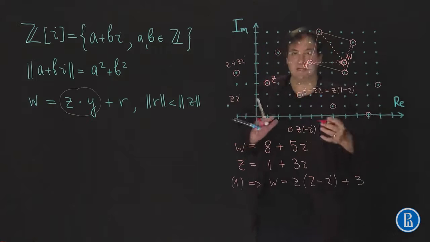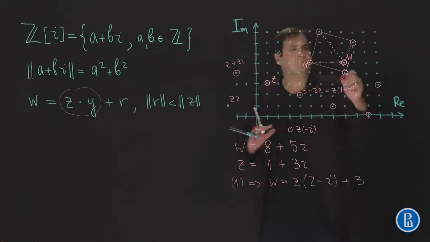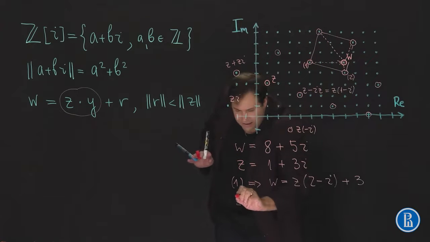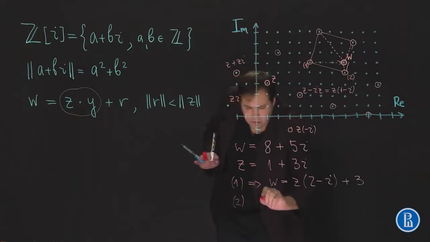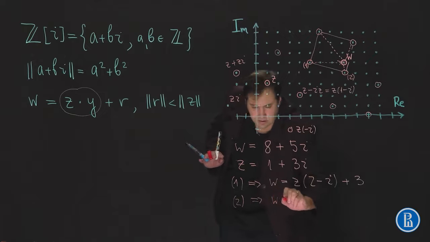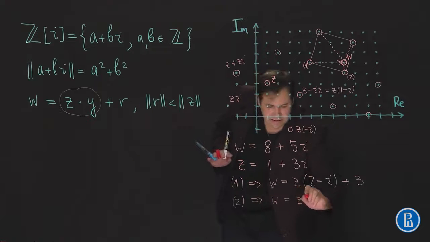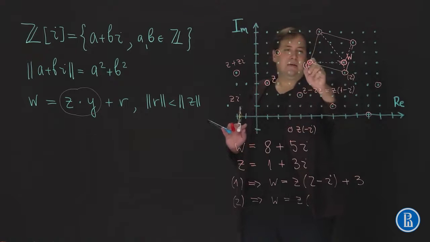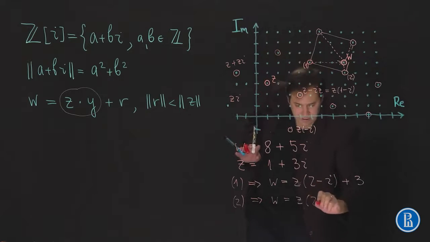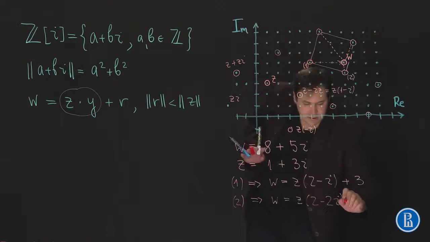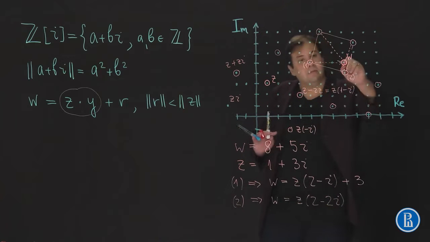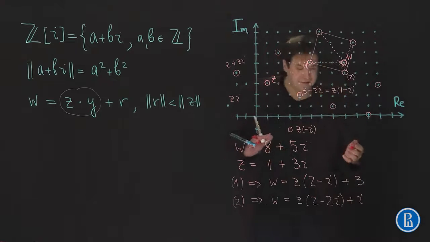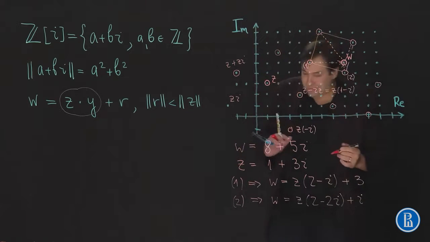So 3 is the remainder. We can take another point, say this one, case 2. In case 2, w is equal to z multiplied by 2 minus 2i, plus i. So in this case, i is the remainder.